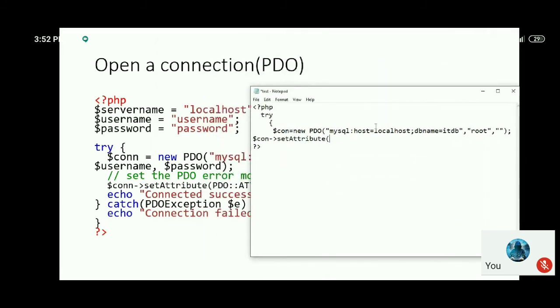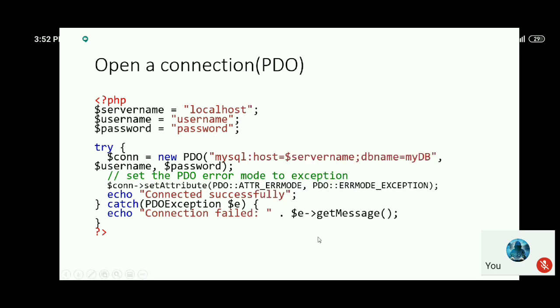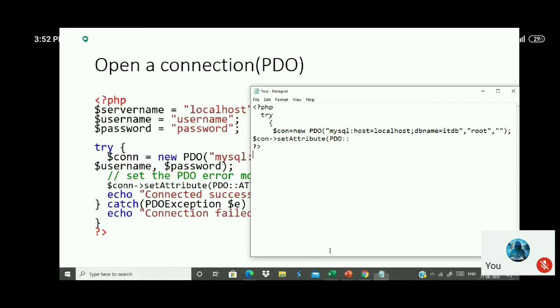The first attribute is PDO colon attribute error mode here. Attribute error mode, and you have another parameter called PDO colon attribute.